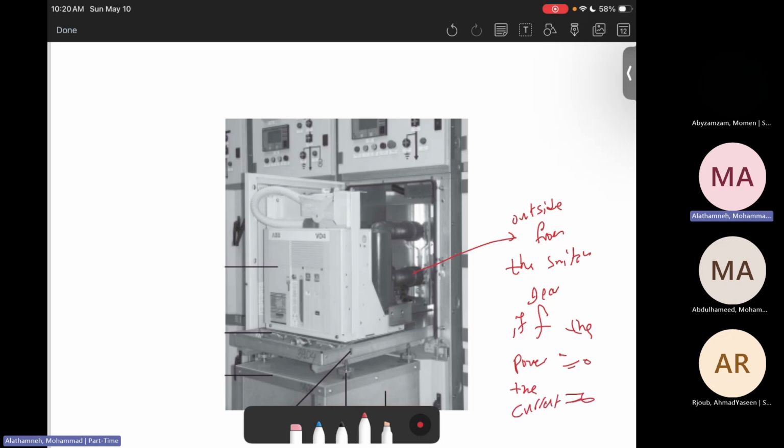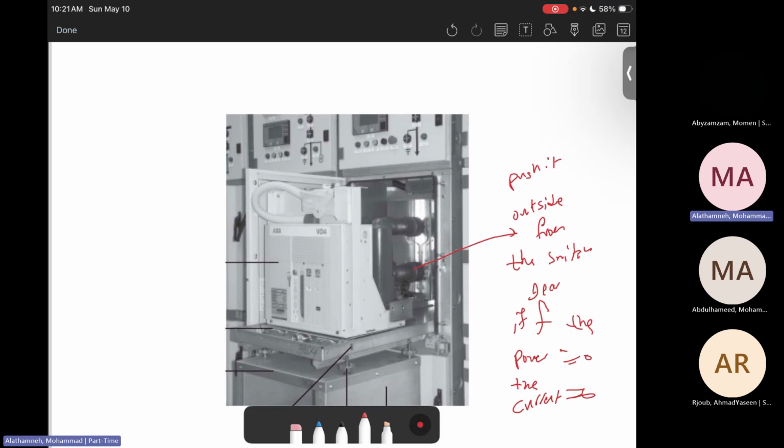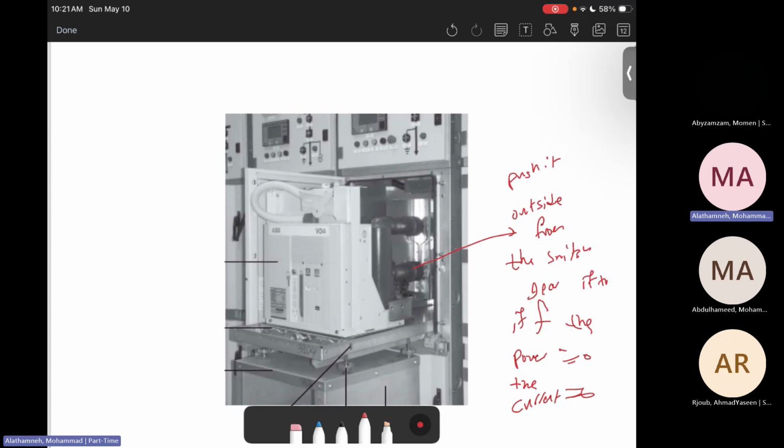If the circuit breaker is on and we push it out, it will cause an explosion, which is undesired, and we don't want this. So we need to make sure we push it outside if and only if the power is zero, or it has been tripped.